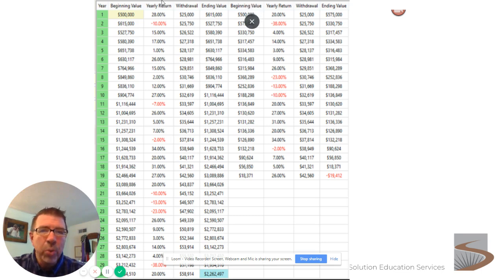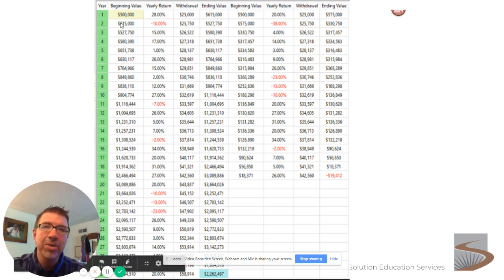What is the actual impact on the value over time? On the left-hand side, with positive returns in the initial stages of retirement and a 5% withdrawal, $500,000 still grows to well over $3 million, even though I'm taking a 5% distribution, and that distribution is even growing every single year with inflation.